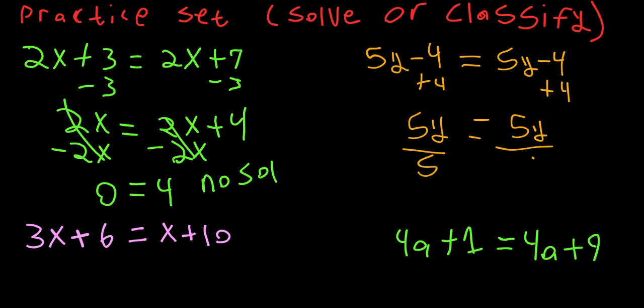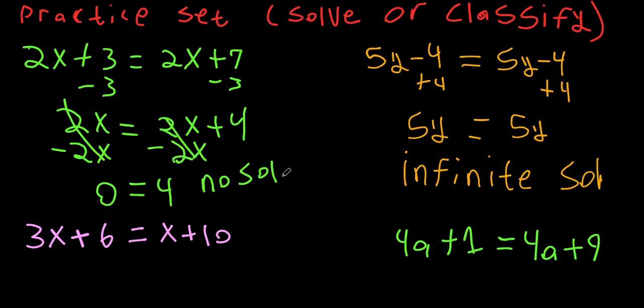Let's divide by 5. In fact, let's stop right there. I know just looking at 5y equals 5y that any value of y is going to satisfy this equation. If y equals 1, we're going to have 5 times 1 on both sides, and that can stretch on infinitely in either direction on the number line. So this is infinite solutions, and I know that just by seeing it.